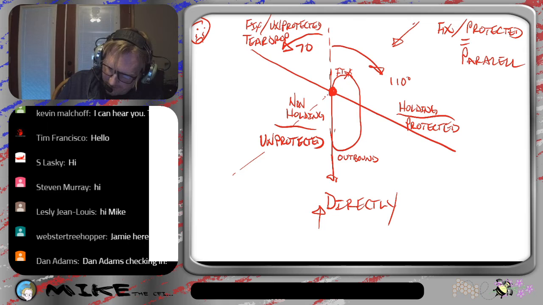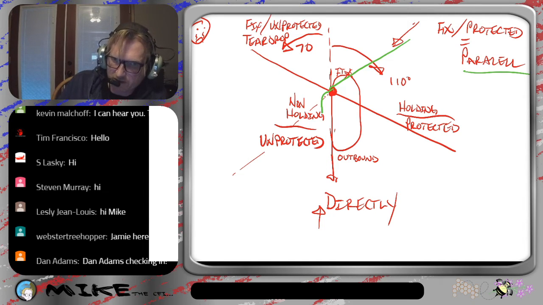So coming from this direction, we would hit the fix and we would parallel the outbound course, which doesn't mean that you're going to be on that course line. You actually don't want to be directly on the course line, but you should just turn to parallel your outbound course. You're going to go outbound a minute, and then you're going to make a turn towards the protected side.